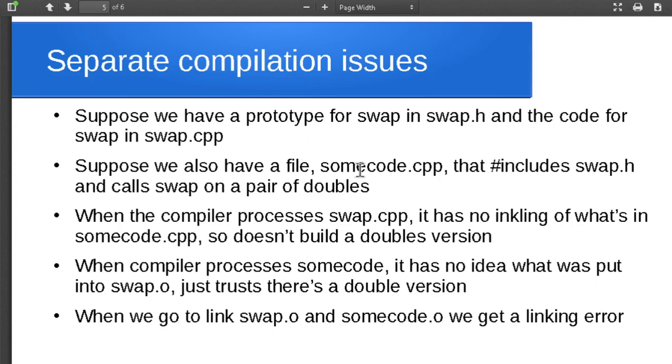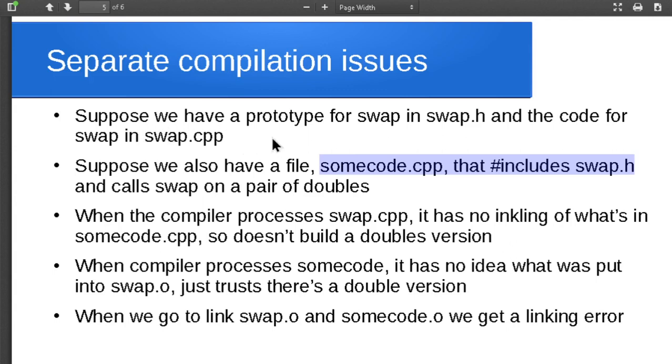And then somewhere else, you've got some code.cpp that's actually going to do a swap. So it includes swap.h, and we compile that on its own. We do our g++ -c some code.cpp, and it creates our some code.o. But in here, all it sees is the profile in swap.h.